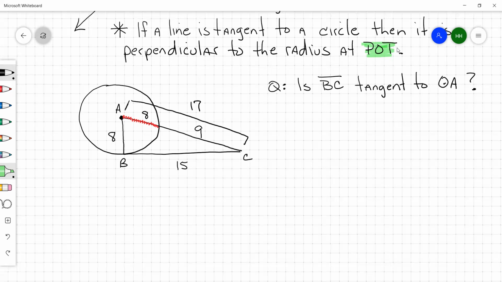So now what we're trying to decipher here is, does 8 squared plus 15 squared equal 17 squared? That's the question. If it does, isn't BC a tangent? If 8 squared plus 15 squared equals 17 squared, then angle B is a right angle and BC is a tangent. So that's the question we're trying to answer.